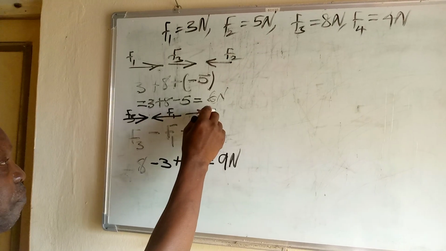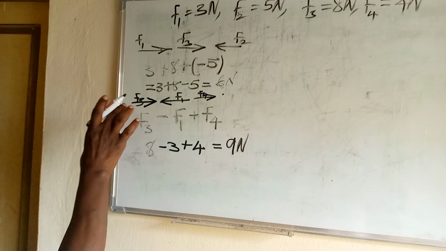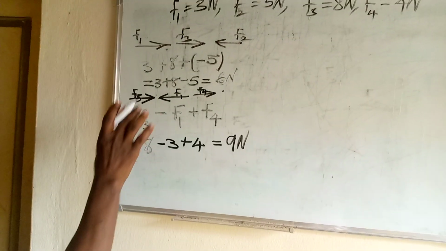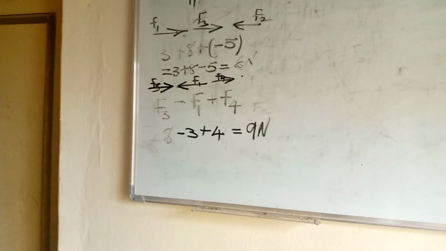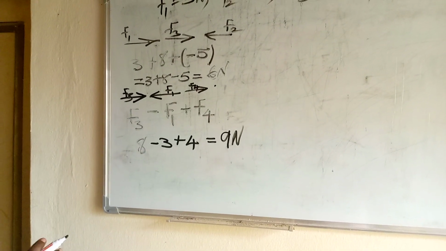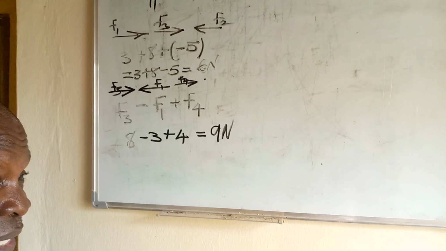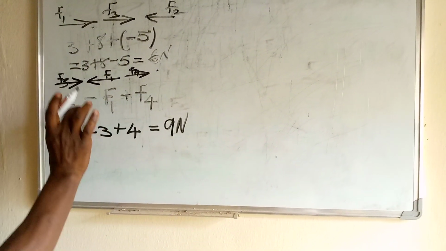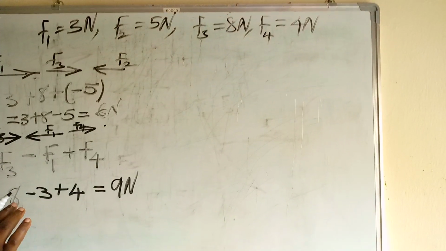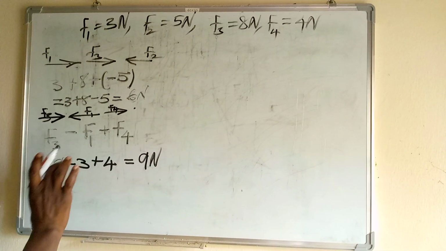Then we have F4. You will see that F3 and F4 are in the same direction. We take that as positive. You can also take it as negative if you like, while F1 is in the opposite direction, which we now take as negative.